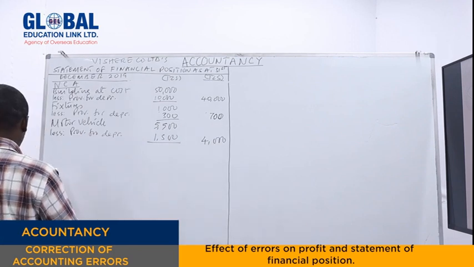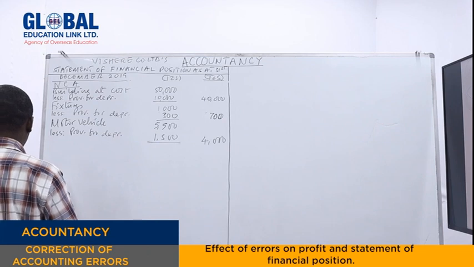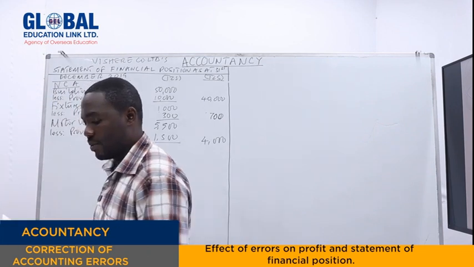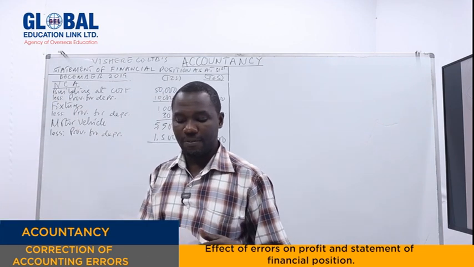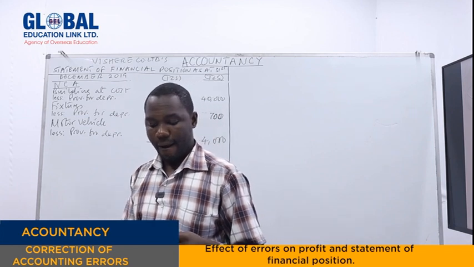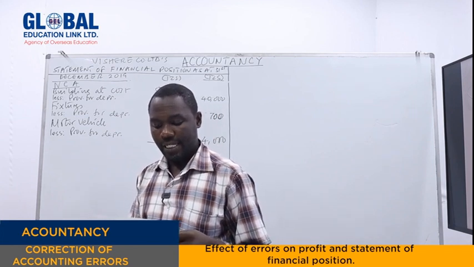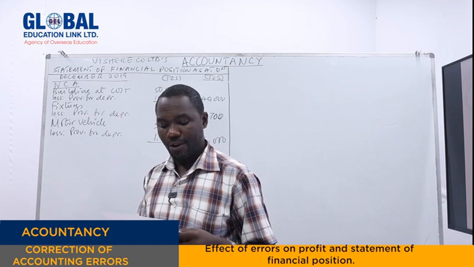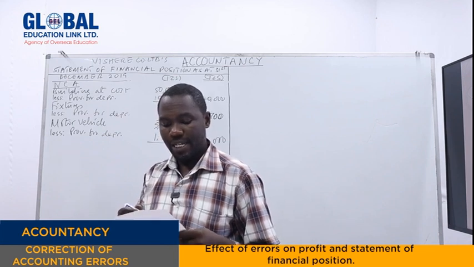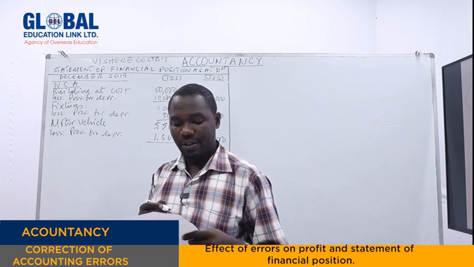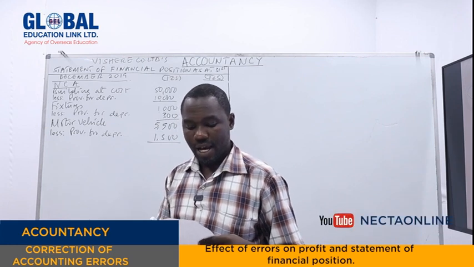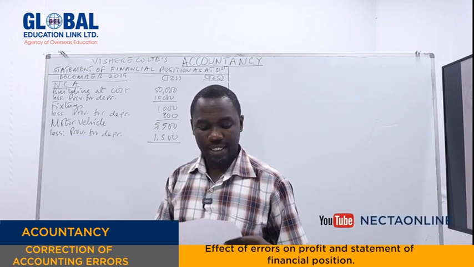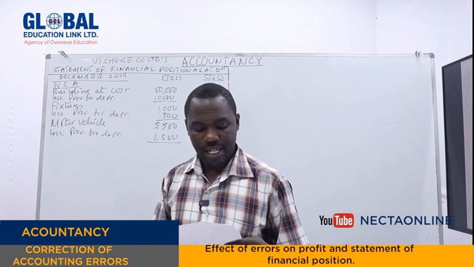Then the next item was drawing. This drawing is not a fixed asset. What else in fixed assets? Fixed assets are over. We have building at cost, fixtures, motor vehicle, with their relevant provisions.